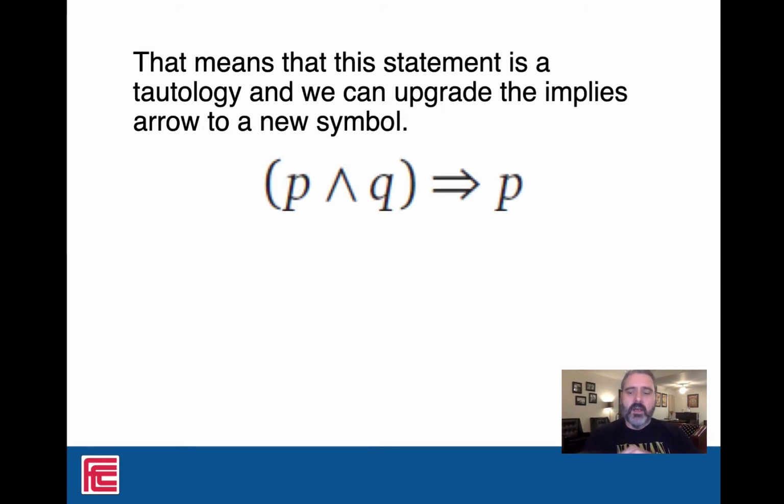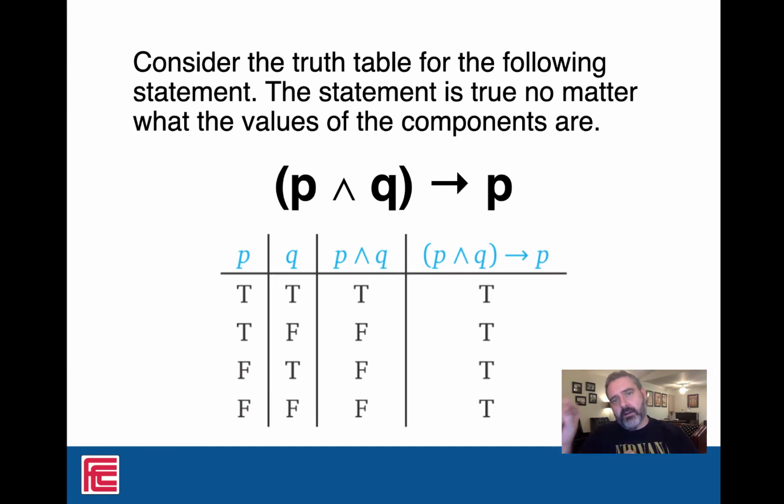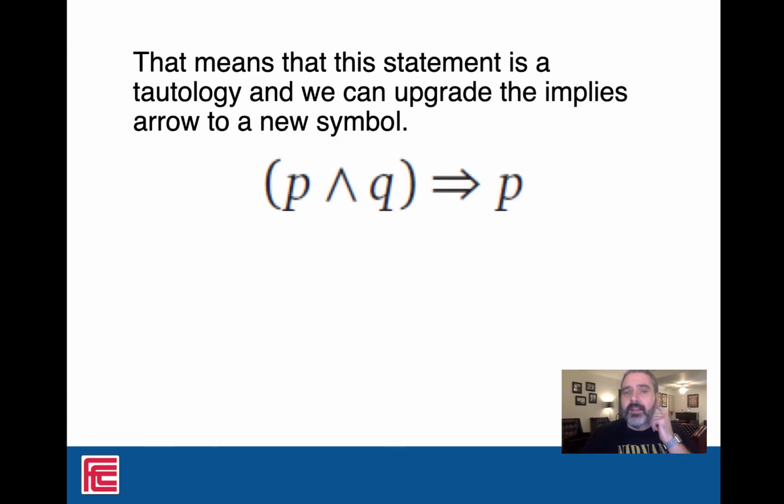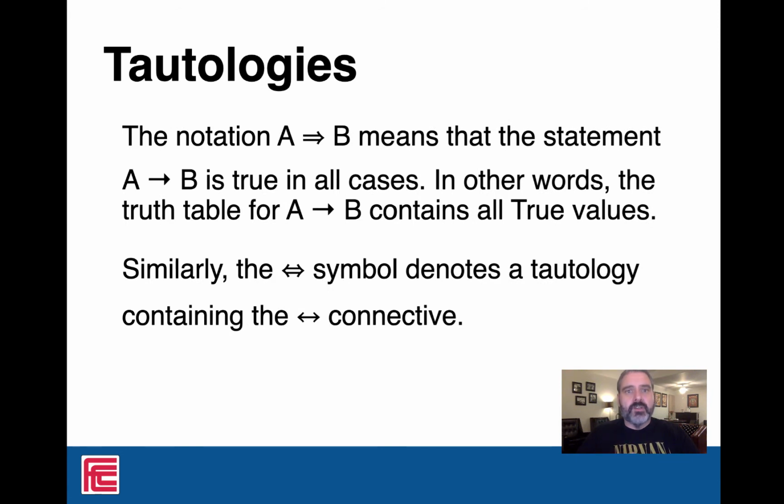When something is a tautology, instead of having that single arrow, we tend to use a double arrow. That double arrow shows that this doesn't just imply it, it's always going to be true regardless of the values of P and Q. So the notation A double arrow B is the same as saying A arrow B, and that's true in all cases.